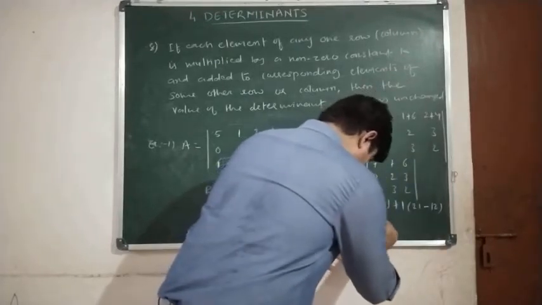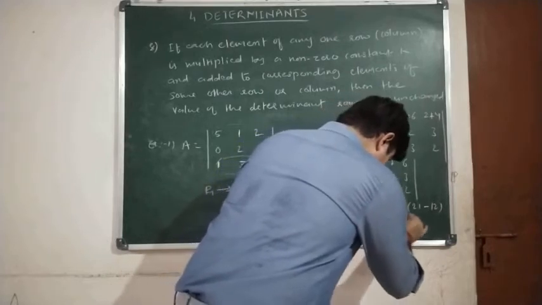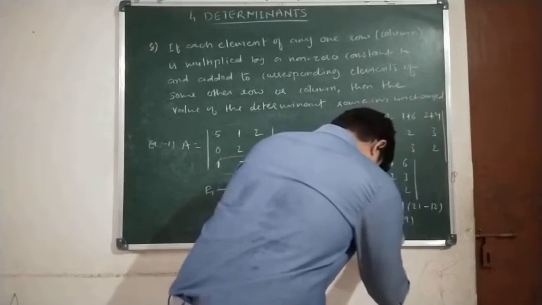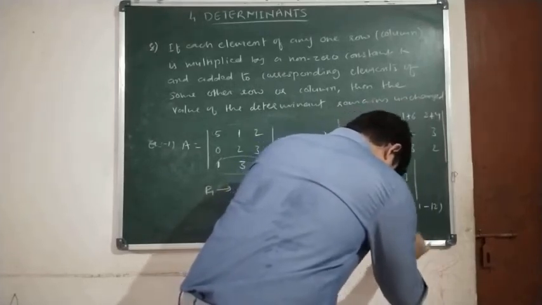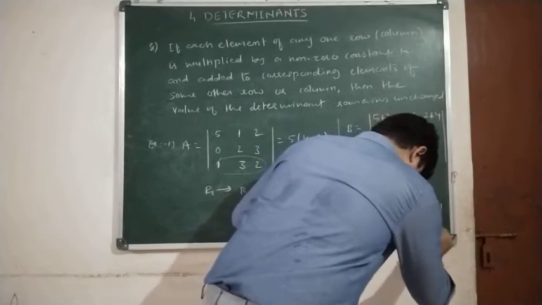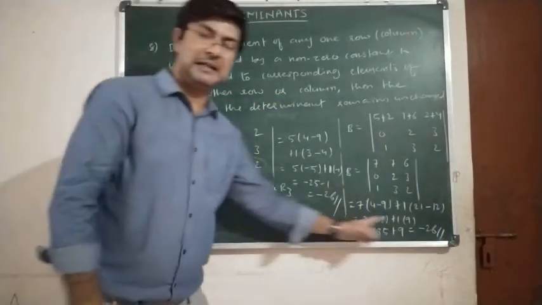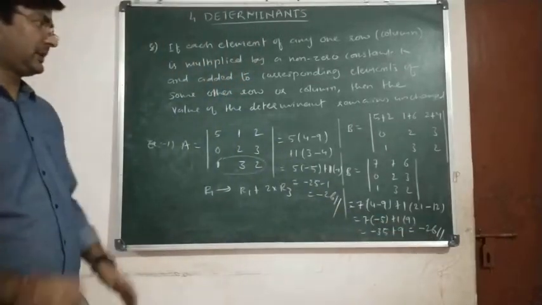So 7 into minus 5 plus 1 into 9, so minus 35 plus 9, so minus 26. So in both the cases we are getting the same answer, which is minus 26.